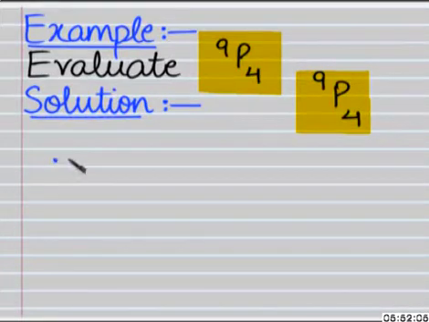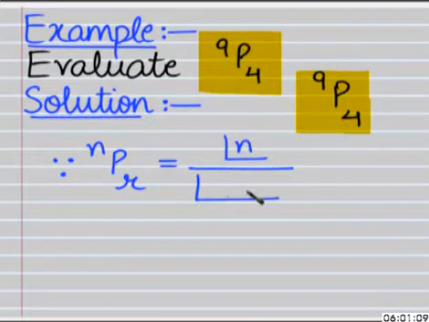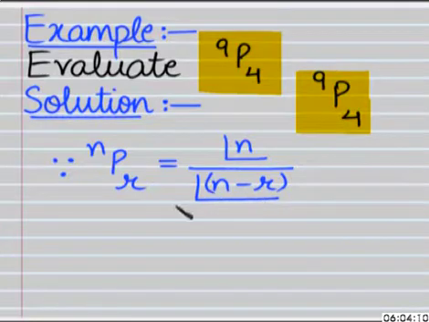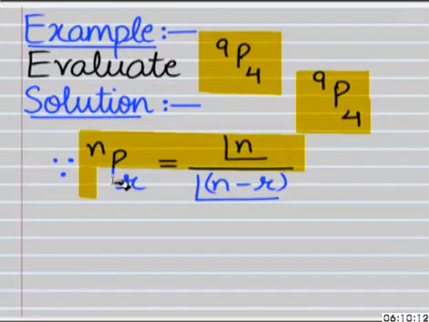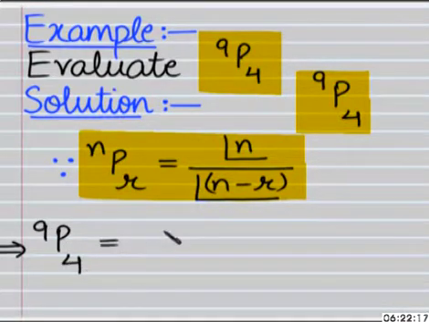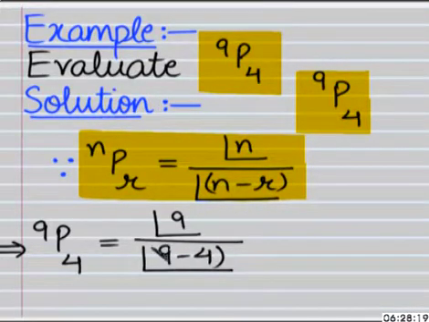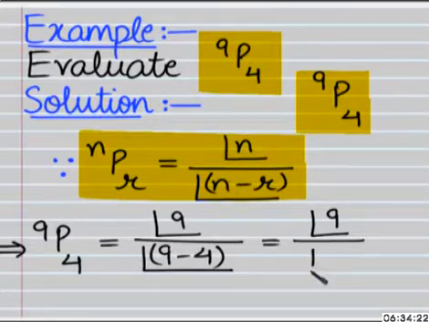Now, because we know that nPr is equal to n factorial upon n minus r whole factorial, using this result here, we get 9P4 is equal to 9 factorial whole divided by 9 minus 4 whole factorial, which is equal to 9 factorial upon 5 factorial.